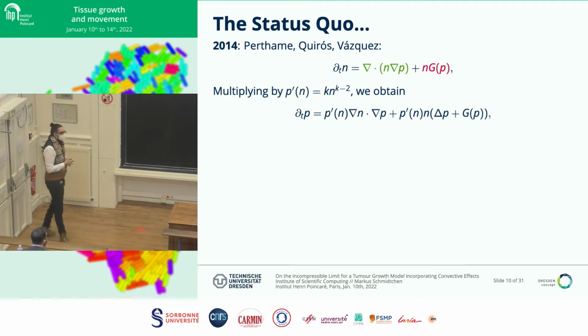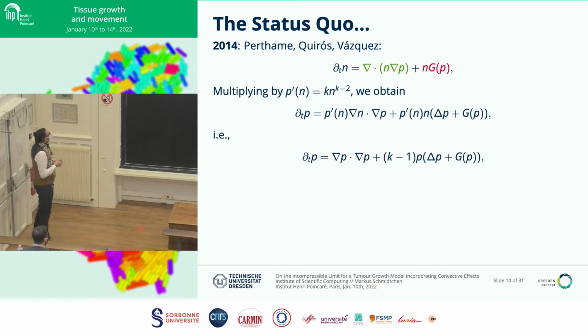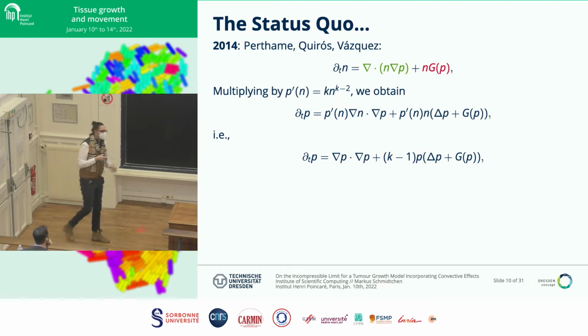Okay, so as I was mentioning, the stepping stone was this model by Perthame, Quiros, and Vazquez, where essentially we have these two effects, a pressure and a growth term. What they observed is that if we multiply the equation by p prime, we get an equation for p, and the equation looks like this. If we substitute our value for p, we have a very large term appearing. So k is the quantity that goes to infinity that helps us establish the link between macro and geometric scales.